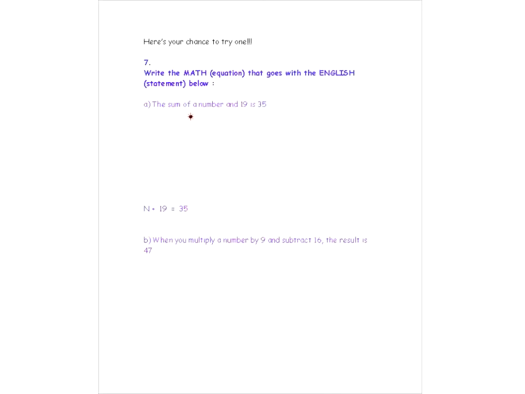All right, so let's give it a shot. The sum of a number and 19 is 35. So what do you think you would write down as the equation for this here? Just give you a few seconds to think about it.